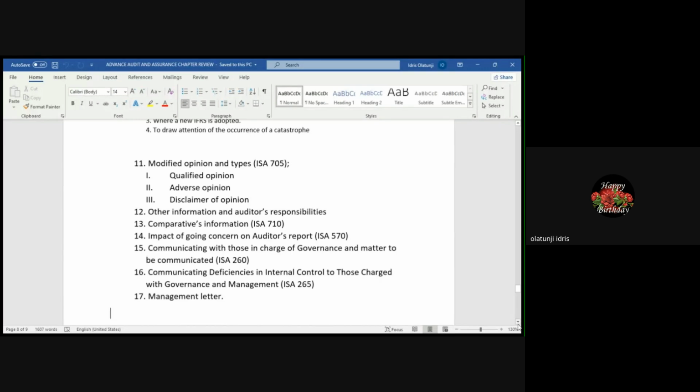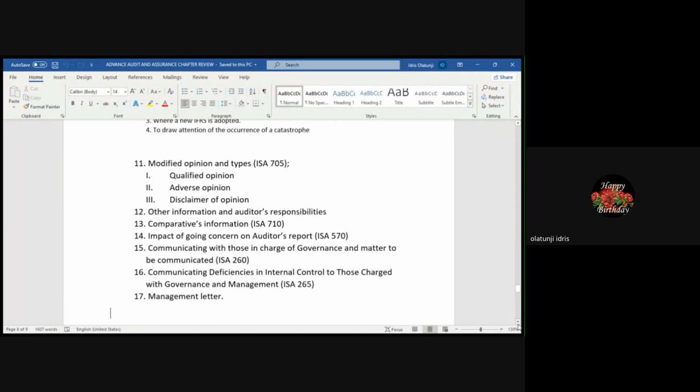Or where the auditor finds out that there is material misstatement in the prior financial year and an unmodified opinion was previously given. That is, the auditor now found out that there is material misstatement in last year's account, but the previous auditor gave an unqualified opinion that the account is free from material misstatement.